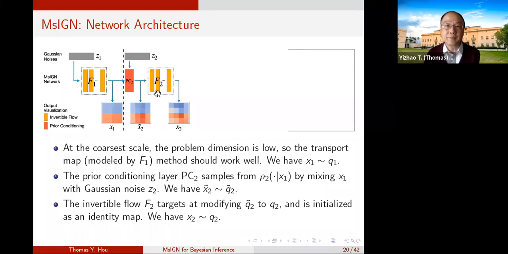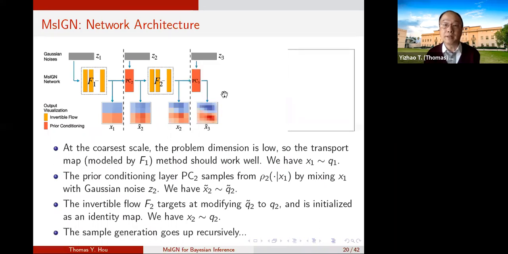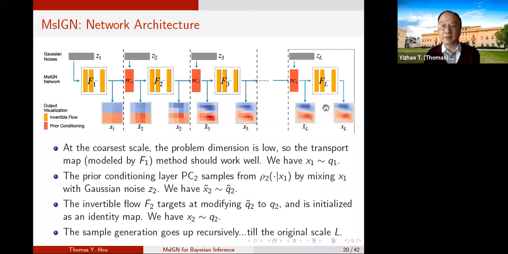I will explain why we need to use Q2 tilde to train F2, because we use the so-called Jeffrey divergence, and we need to use importance sampling. So we need to use Q tilde 2 to train F2, right? And then we get the updated X2, and then keep going on like this. We go to 3, and then all the way to the final level.